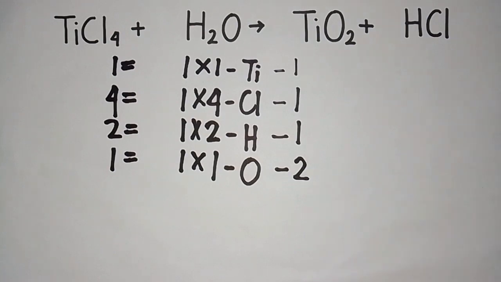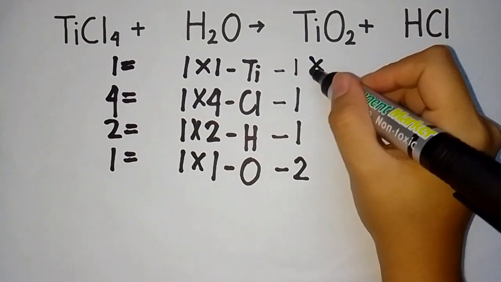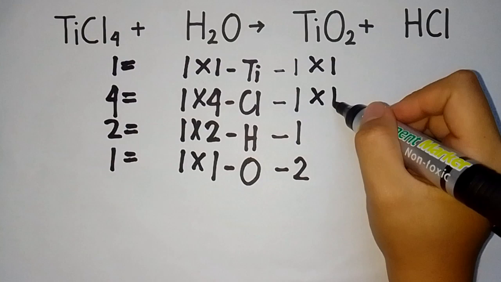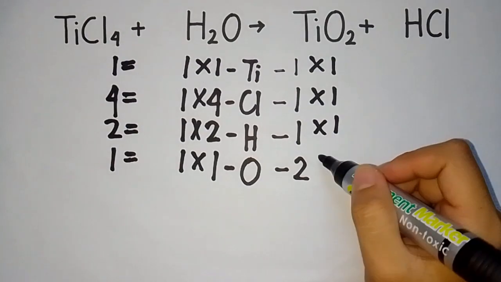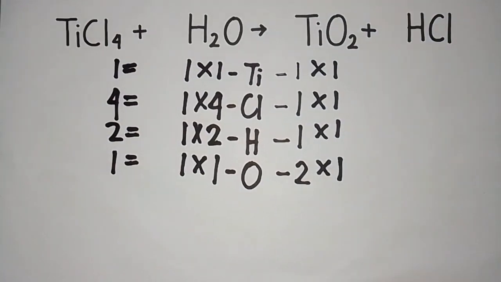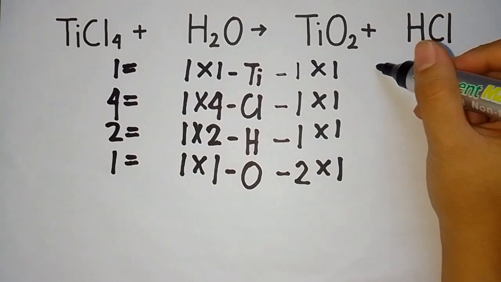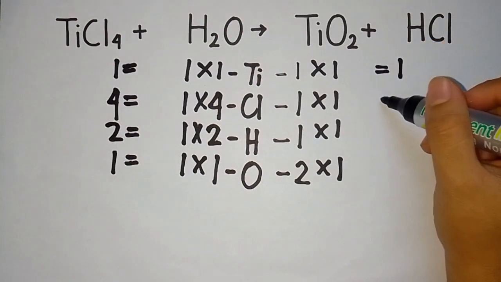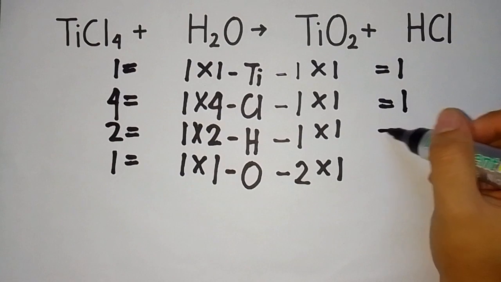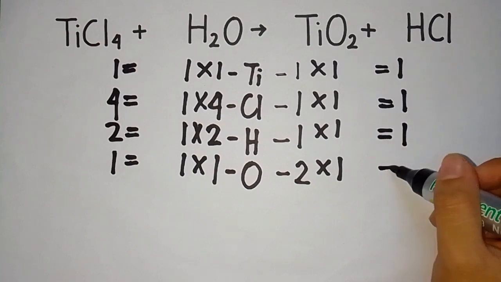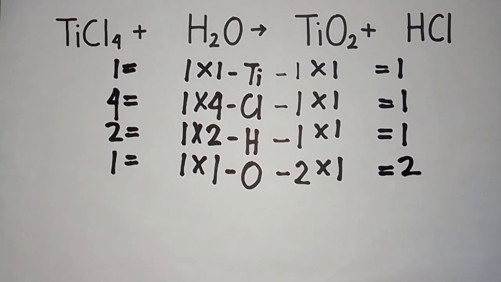And then multiply by the coefficient, which is 1. Now, we will multiply each element. So 1 times 1 is 1, 1 times 1 is 1, 1 times 1 is 1, and lastly, 2 times 1 is 2.